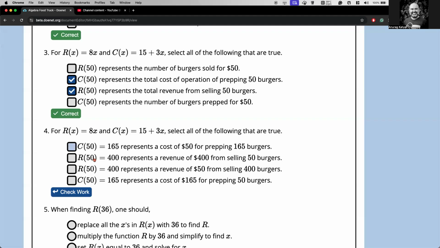R of 50 equals 400 represents a revenue of $400 from selling 50 burgers. Does that seem reasonable? I agree. Any others, or is that the only one? The fourth one, C of 50 equals 165 represents a cost of $165 for prepping 50 burgers. I agree. Those are the only two.